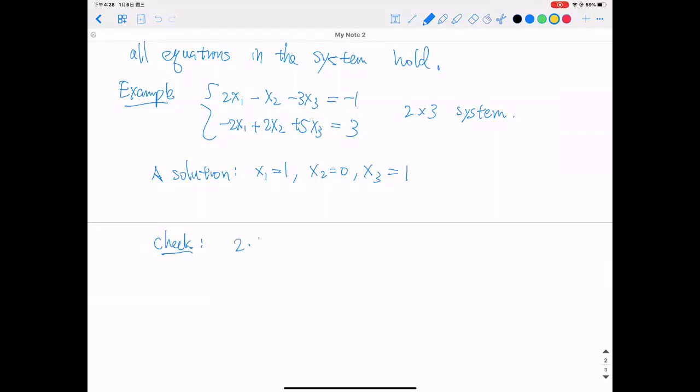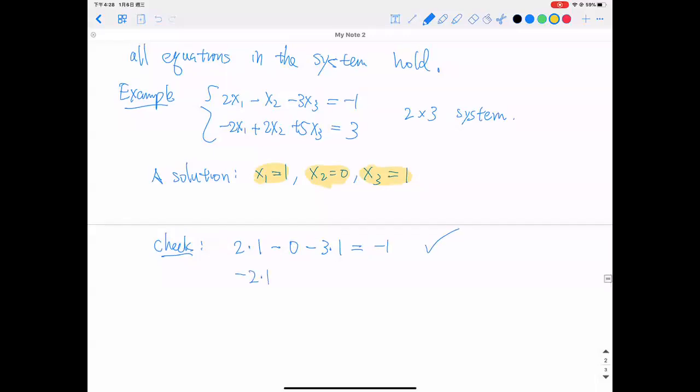So I substitute these into the equations. The first equation: 2 times 1 minus 0 minus 3 times 1. That's 2 minus 3, which is minus 1. The second equation: minus 2 times 1 plus 2 times 0 plus 5 times 1. That's minus 2 plus 5, that's 3. Okay, that's indeed the case.